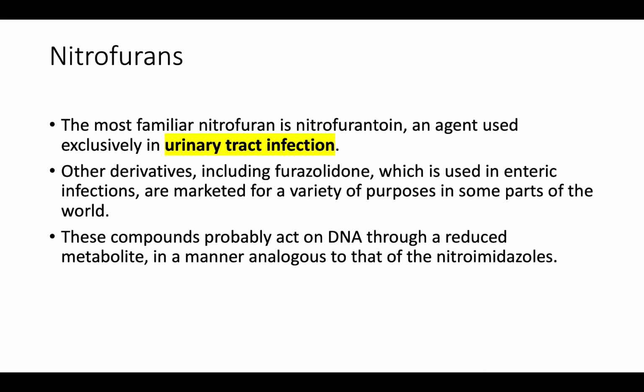Nitrofurans have high availability in the urinary tract. They get secreted into the urinary tract quickly, and accumulate at high concentration there. This compound acts on DNA through a reduced metabolite, similar to the nitroimidazoles.